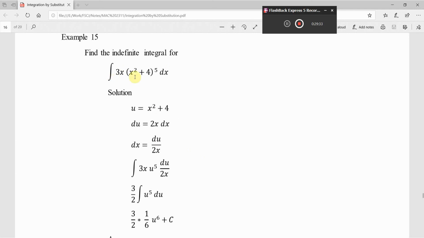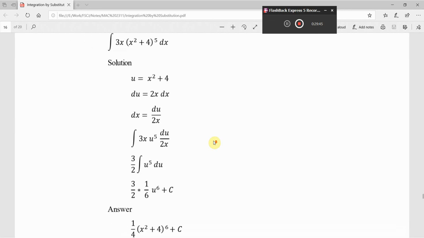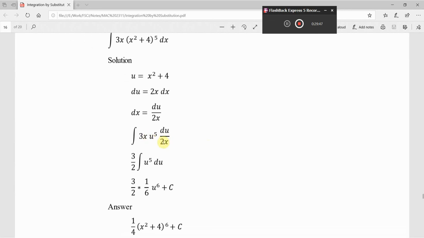So doing my substitution, this is going to give me the antiderivative of 3x times u to the 5th power times du over 2x. My x's are going to reduce, and that's going to leave me with 3 halves times the integral of u to the 5th power times du.